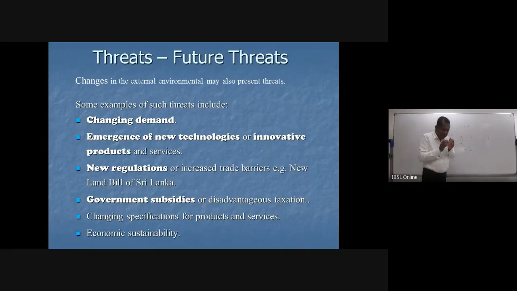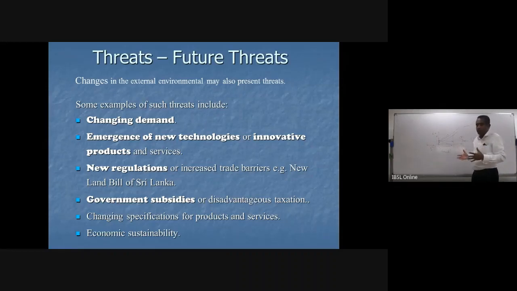You look at the strengths of the company and the weaknesses of the company. Strengths in order to capitalize on that. Weaknesses in order to protect. Then you look at the external factors. Opportunities. What are the opportunities I have? And what are the threats I will face?